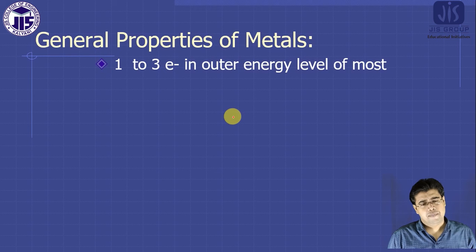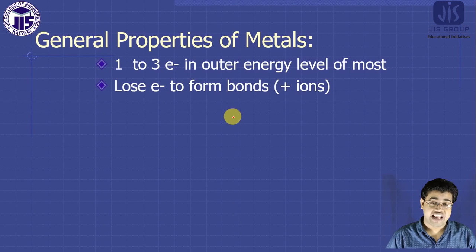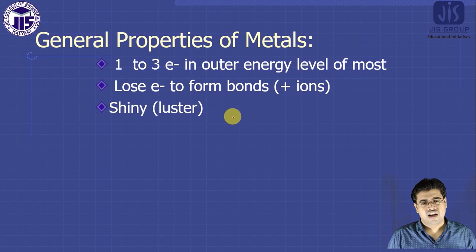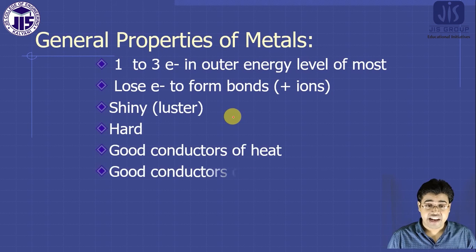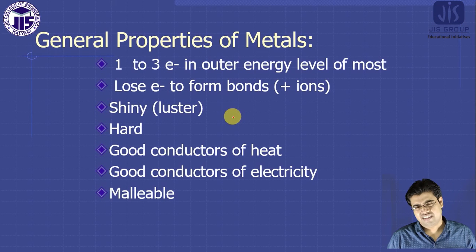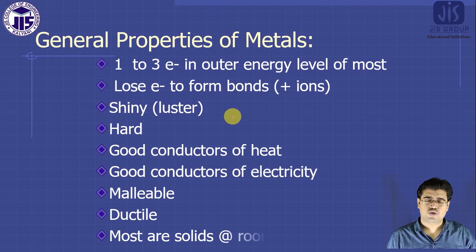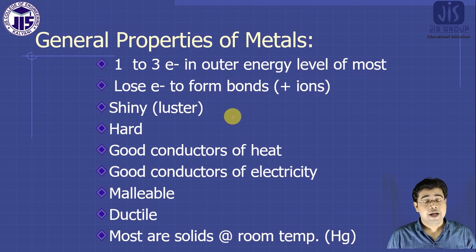Metals generally form cations. They have a tendency to lose electrons, or they can produce a plus charge, and they are shiny, they are hard, they are good conductors of heat and electricity, and they're ductile, etc. They are mostly solid except mercury. So all these things you have to keep in mind for the metals.